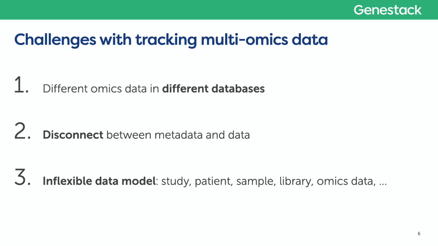Why is it so difficult to find and access data? Very often, different omics data may sit in different systems. For example, you can have proteomic data in one place, and transcriptomic and genomic data elsewhere. Also, the data itself is not properly linked with the metadata attached to it.